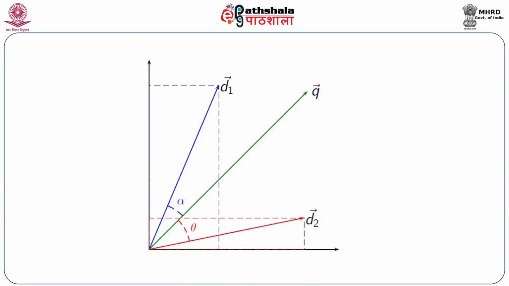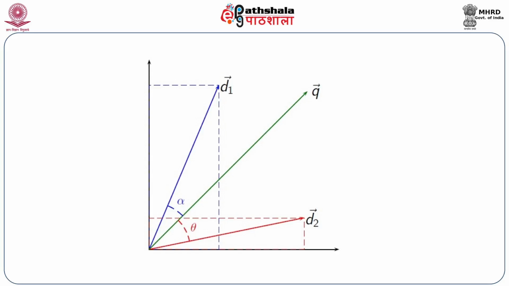Now look at the slide where the cos theta angle, the query vector and the document vectors are represented in the figure. There are two document vectors, d1 and d2, and a query vector in between them.